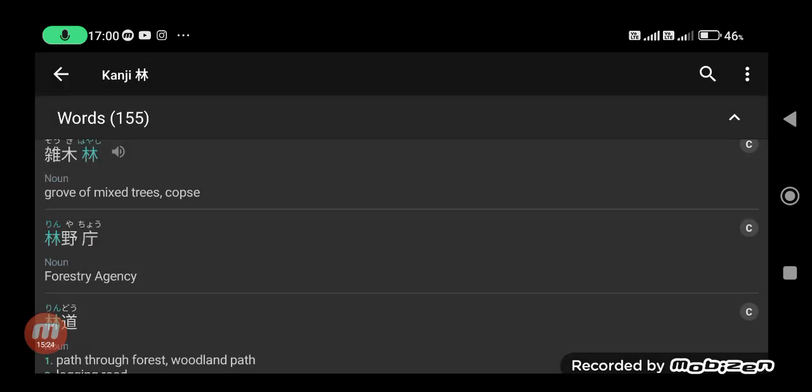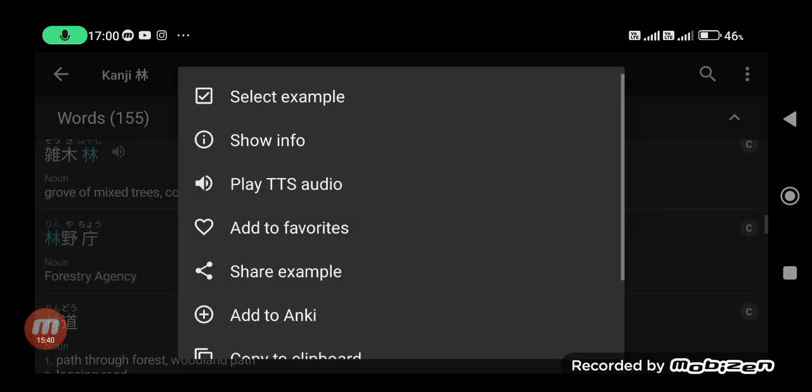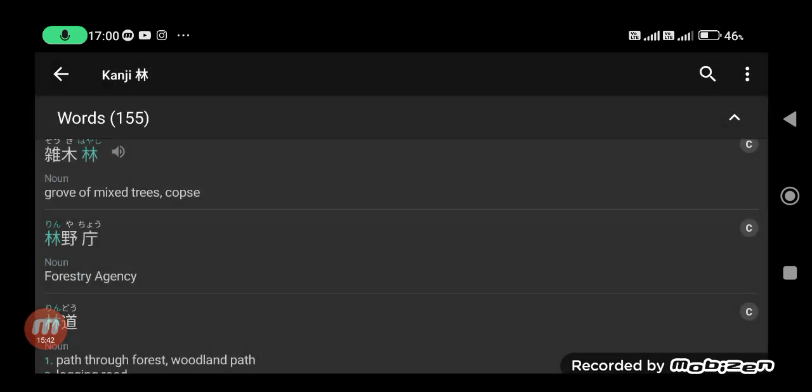Rinyacho. The second kanji means field, and the third kanji means a place in Japan usually owned by an agency of the government. So forestry agency, rinyacho.